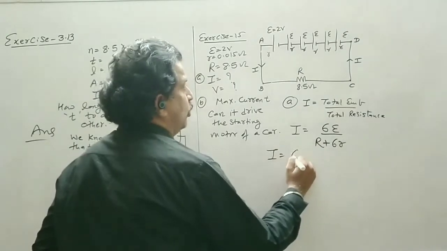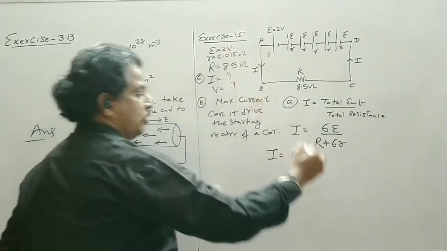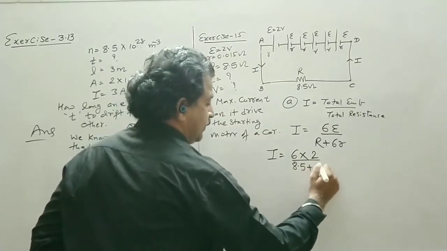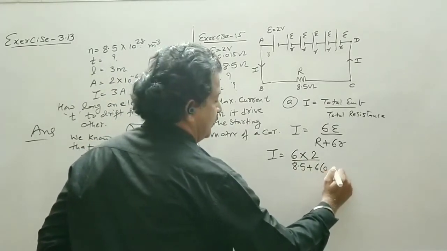So I is equal to 6 into 2, the value of each cell is 2 volt, divided by 8.5 plus 6 into 0.15, the value for each cell.